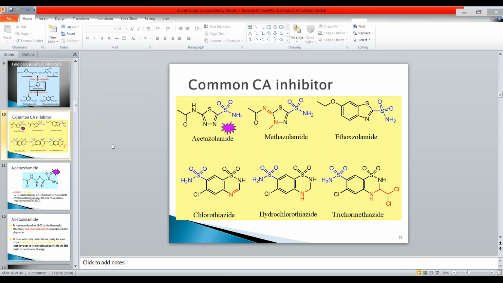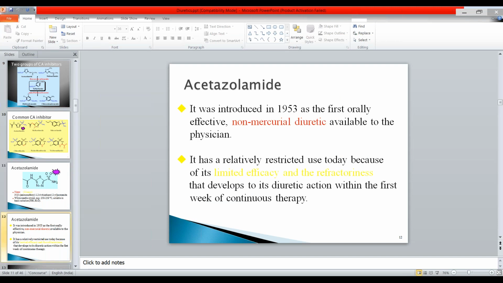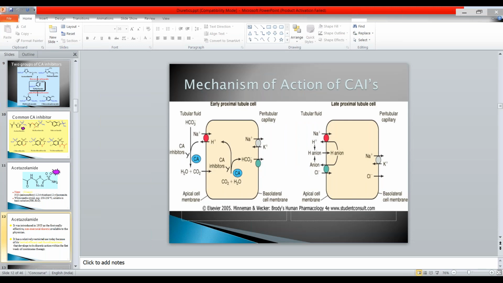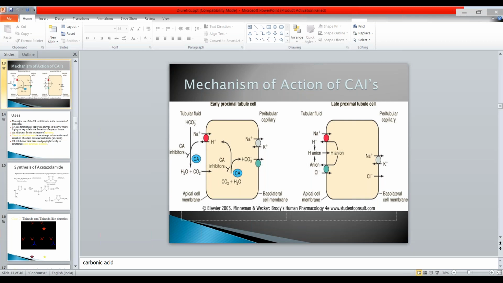Next line, carbonic anhydrase inhibitors target both these types of carbonic anhydrase enzymes. Next line.